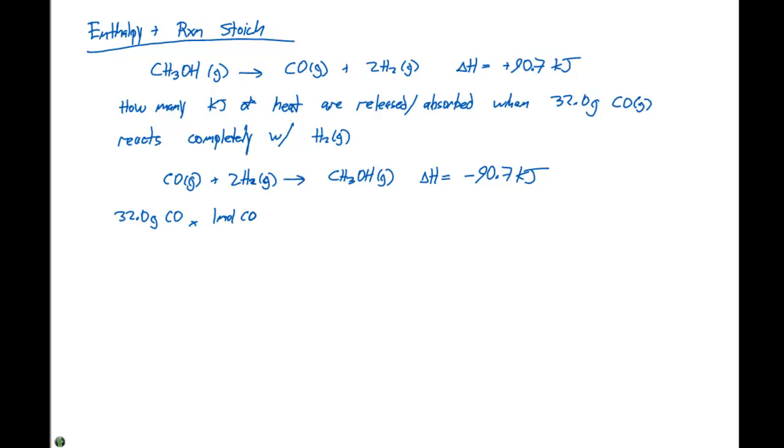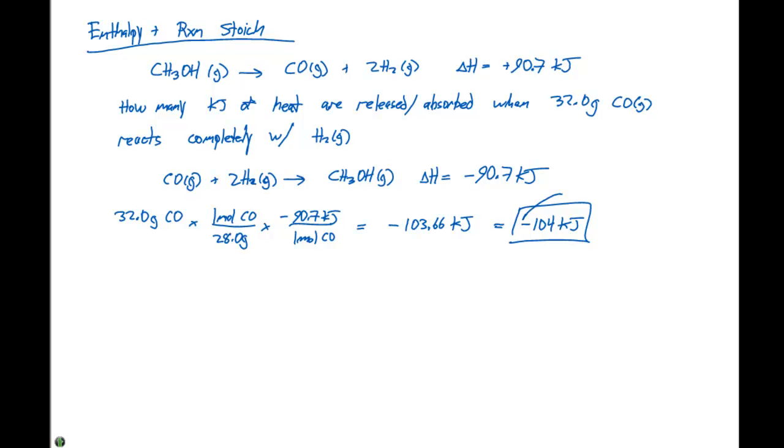Using the periodic table, 1 mole of CO is going to be 28.0 grams. Times negative 90.7 kilojoules of energy, which is liberated when 1 mole of CO reacts. So this is going to give us negative 103.66 kilojoules, or if we go to 3 significant figures, negative 104 kilojoules of energy.